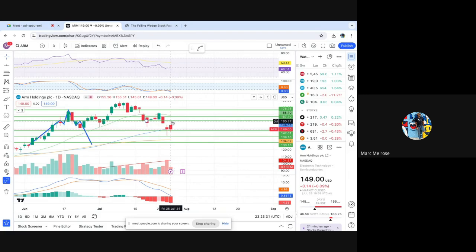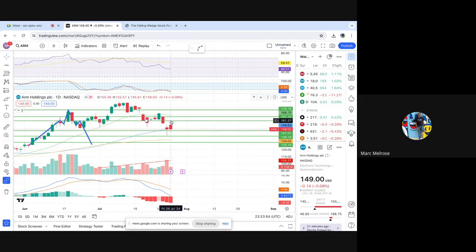From there, if it breaks above that, it's going to try to test the 20-day moving average, which is somewhere in the middle of the two resistances I have at 160 and 166. So we'll probably see it test 166 if it breaks above our 160 resistance.